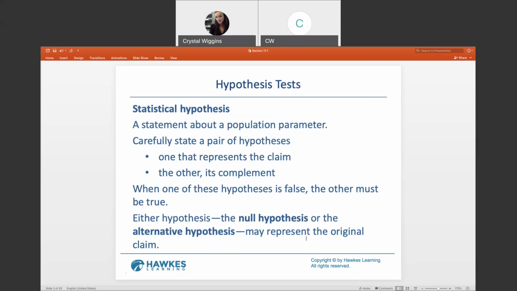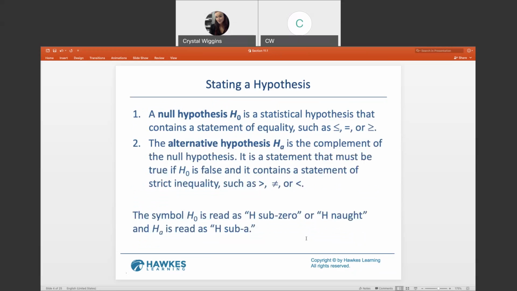It really depends on the wording of the problem, and that will make more sense as we progress through this section. So the null hypothesis, which is denoted by H sub 0, which is really called H naught, and you can see the spelling down here, like naughty, is a statistical hypothesis that contains a statement of equality.